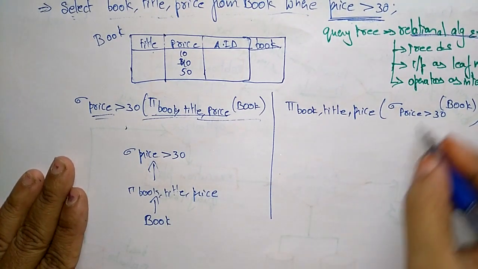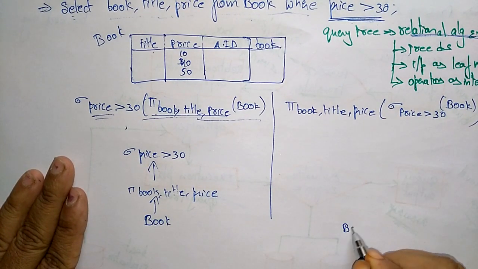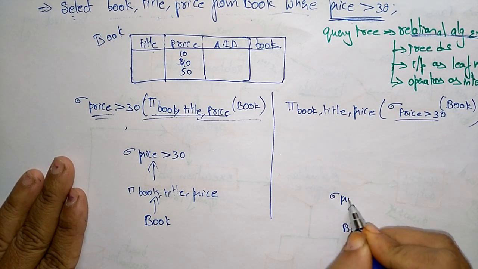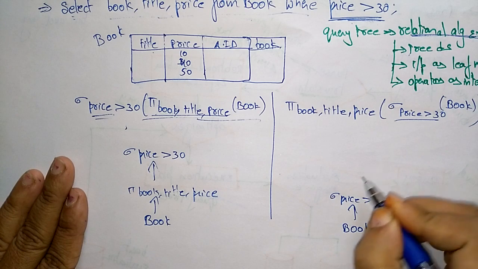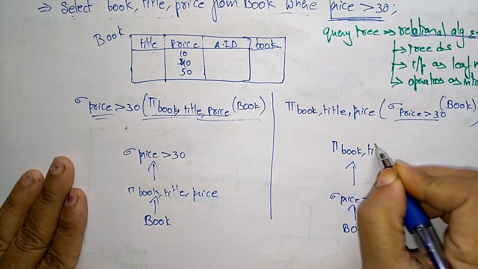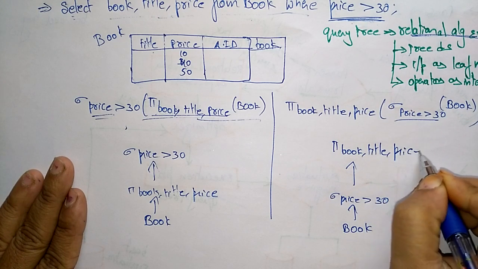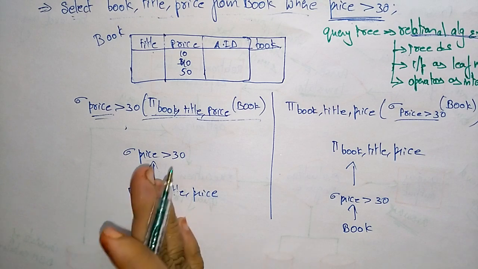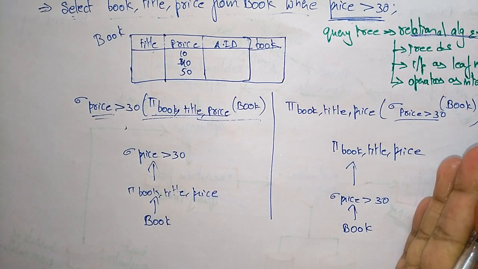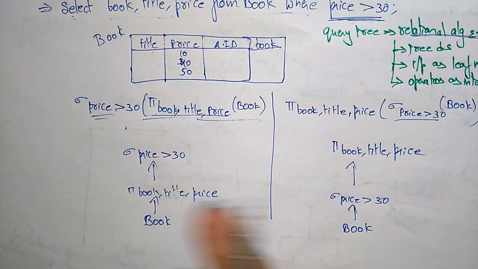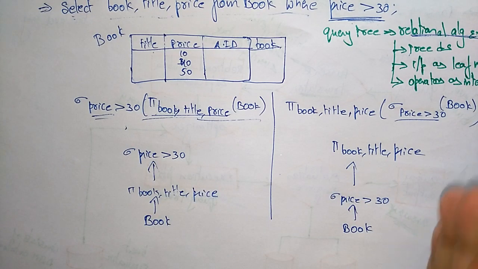Now coming to the other expression: the first one is the book, next it's selecting the price greater than 30, next pi book, title, price. Now the query optimizer will check these two relational algebraic expressions in the form of query trees, select the best one, and place it in the query evaluation engine.